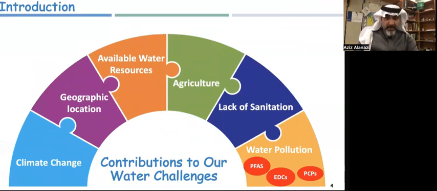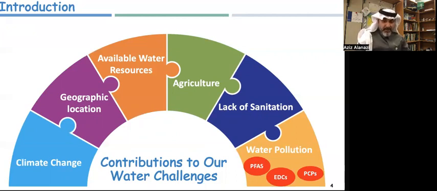So there are many factors that contribute to our water challenge. Water availability is heterogeneous across the world, so any proposed solution must take that into account. Agriculture, again, is the largest freshwater user in the world. So this sector has a huge impact on water availability, leading to water scarcity.